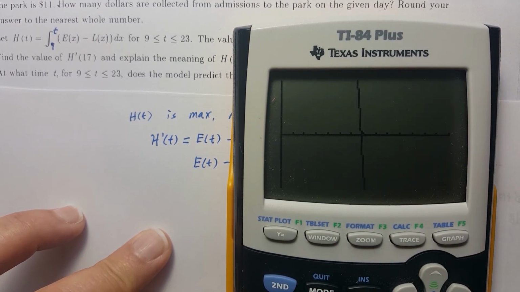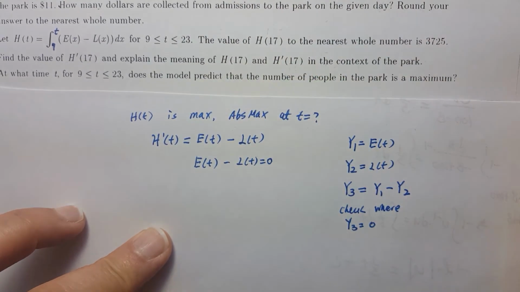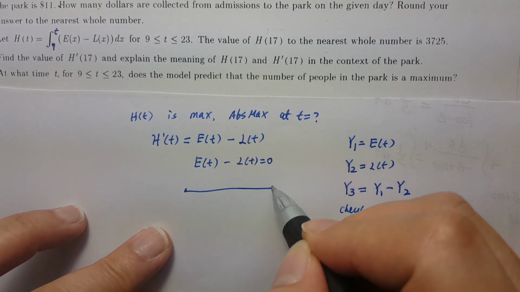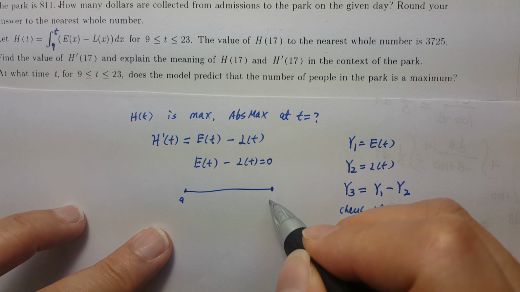This is going to be the only point. So I'm going to use zero, with left bound and right bound. So I get my 0 at x equal to 15.7948. So I show my work.